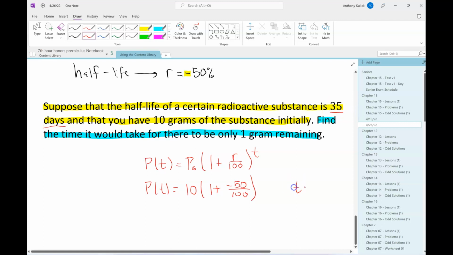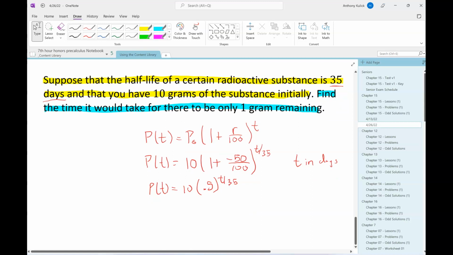So what unit should we use for T? So T would be in days, and then I'll use T over 35. Seems the most appropriate. If I simplify that down, 1 plus -50 over 100 is just 0.5. Boy, that looks like half now, huh? That's pretty nice.